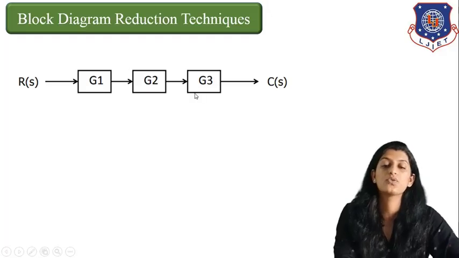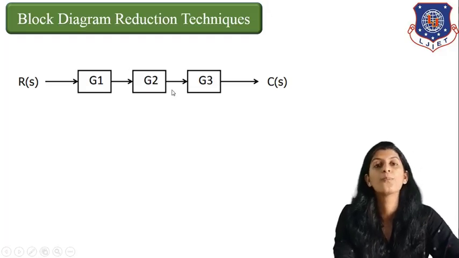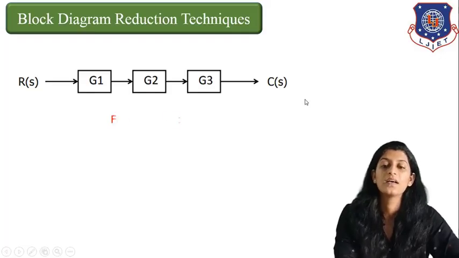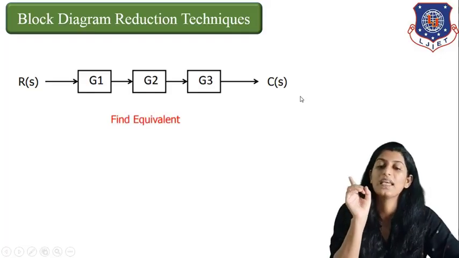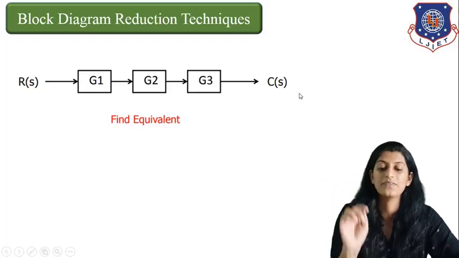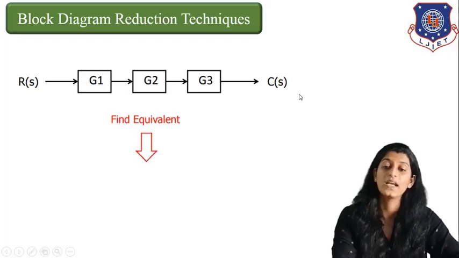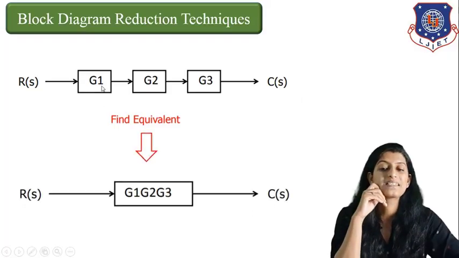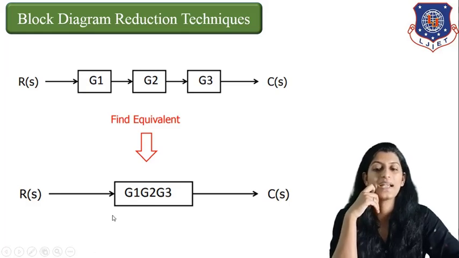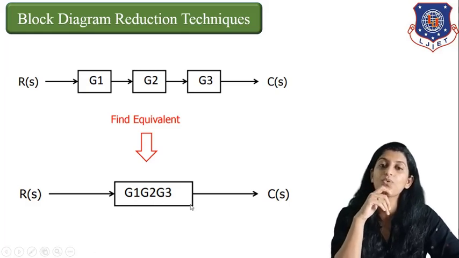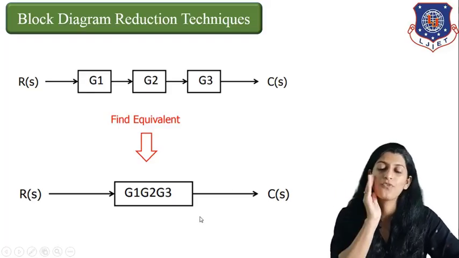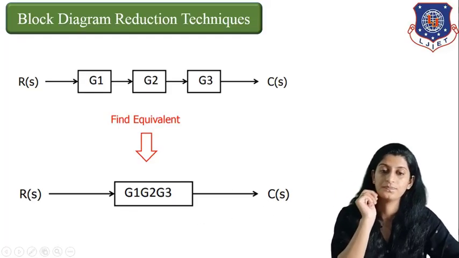To find the equivalent or overall transfer function for this system, we will simply multiply their transfer functions. We will write it as G1 into G2 into G3. So this will be our reduced form of the transfer function.